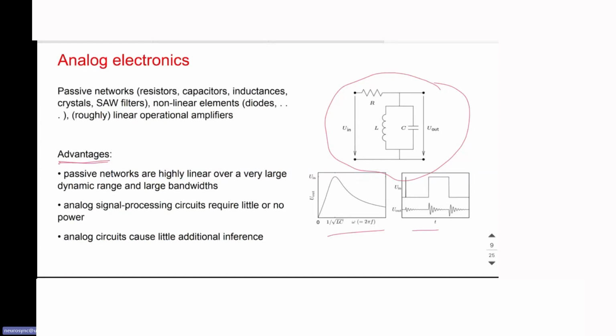The advantages of analog electronics are that they are highly linear over a very large dynamic range, and they have a large bandwidth in the system. They require little or no power for analog signal processing, and there will be little interference on the system. But there is a problem.